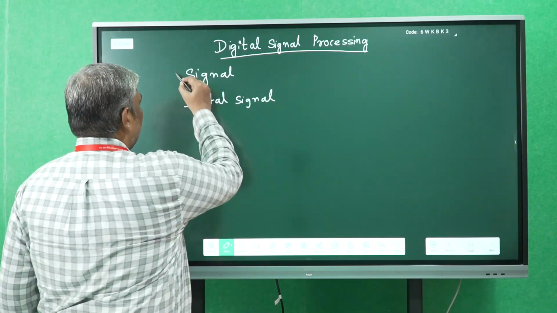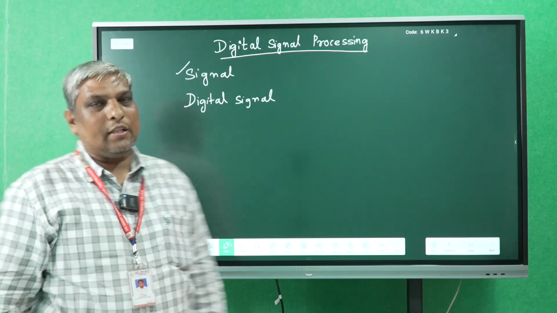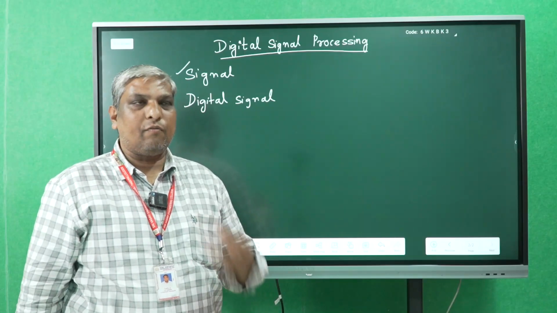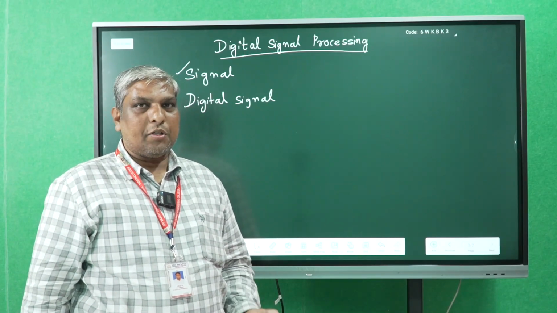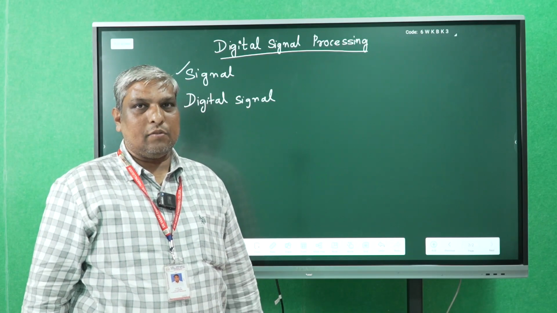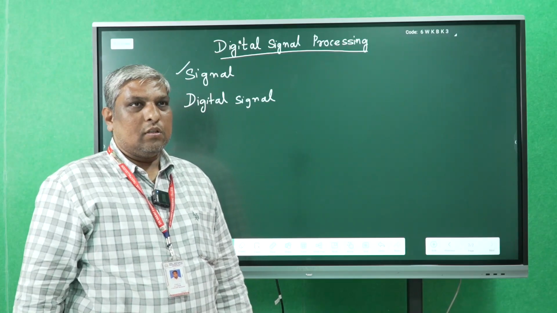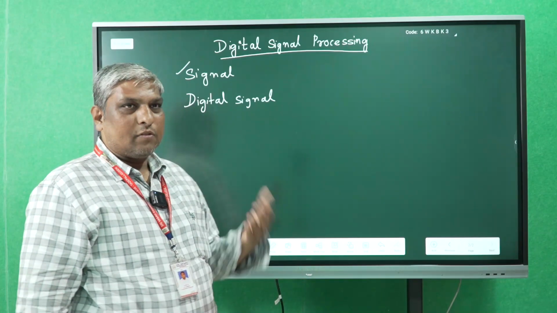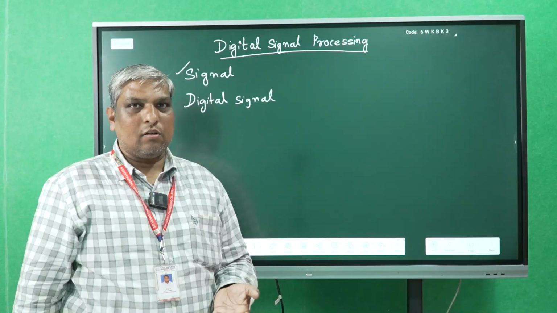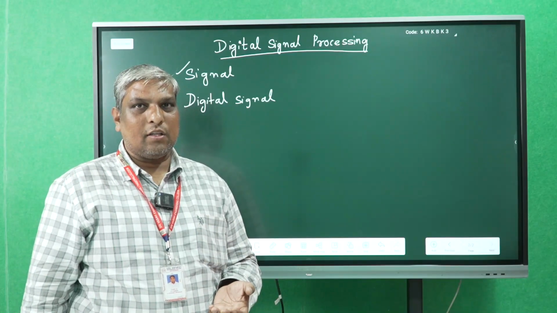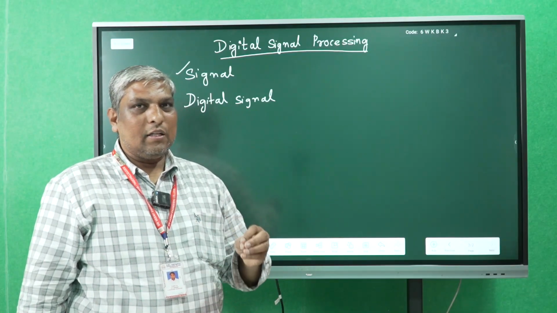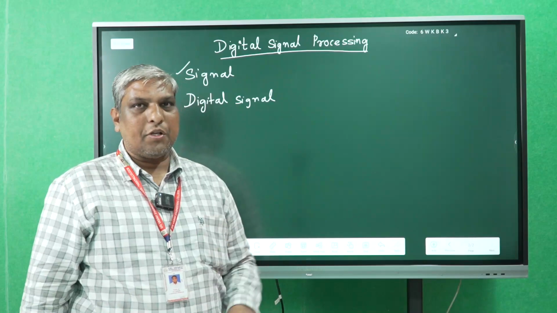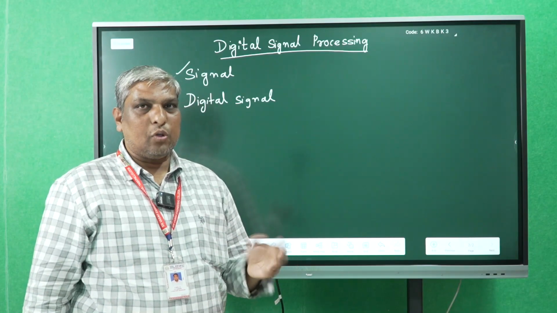So first of all, I'm going to signal. Signal conveys some information. Information may be any parameter. There are so many signals out there. Some electrical signals are there, some mechanical signals are there, and a signal may convey some information that will be useful to the user.